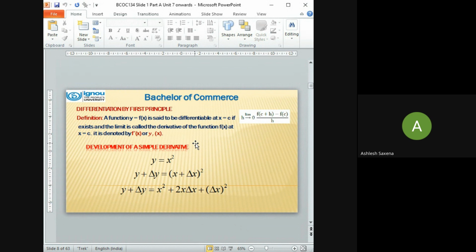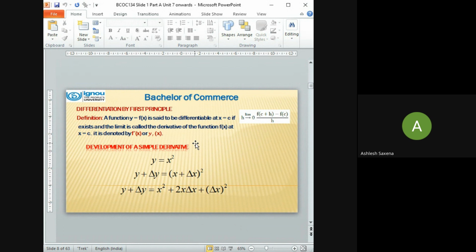On the y side we will be adding delta y, and on the x side we will be adding delta x. Now see, your question was y is equal to x square. So y has been changed to y plus delta y is equal to, the function was x square, and on x you are adding delta x, so it becomes x plus delta x whole square.